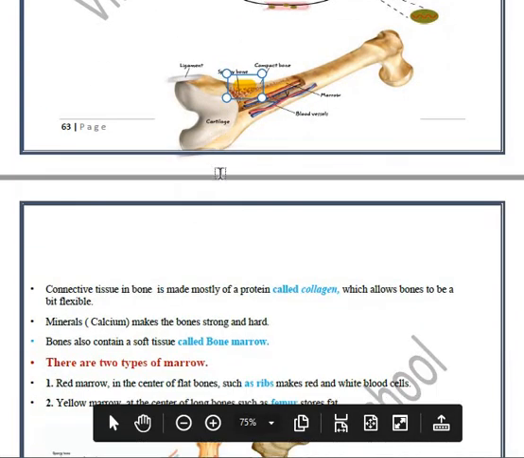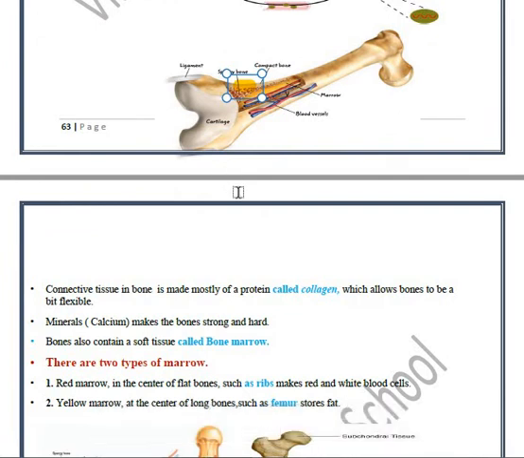Okay. The second component in the bones is connective tissue, and it is mostly made up of a protein called collagen, and this collagen allows the flexibility of the bones. Okay? So again, the bones are composed first of minerals, mainly the calcium, that makes the bone strong and hard.